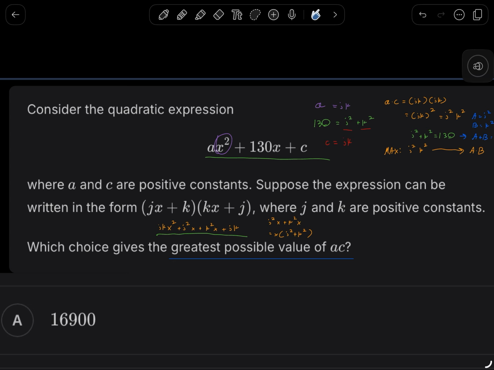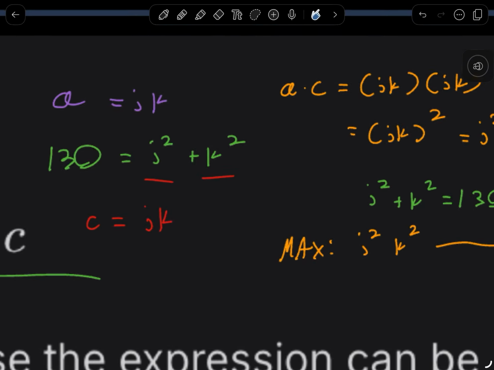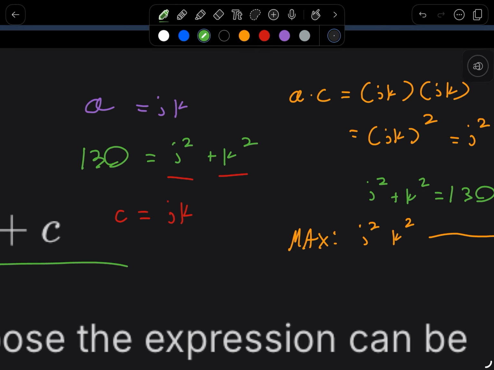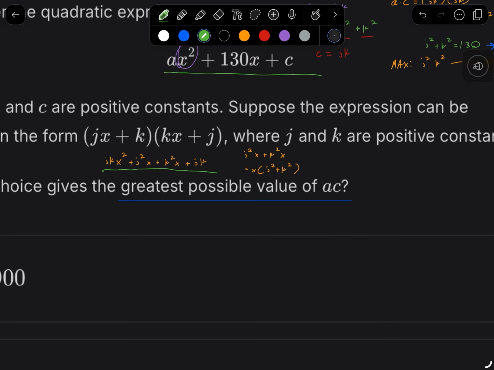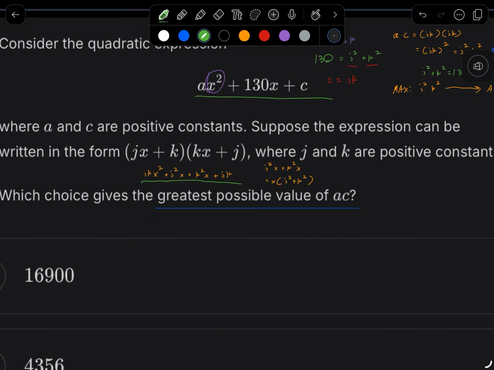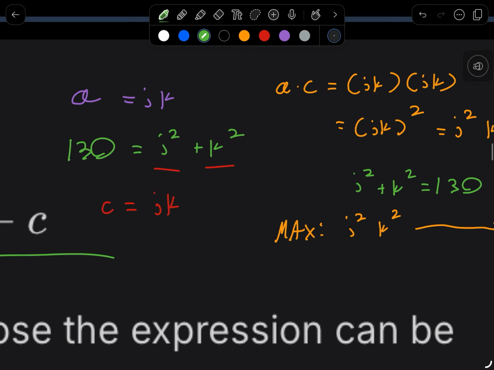Usually 99% of the time on these SAT questions with constants, you can match coefficients together and it will definitely lead you to the right answer. So once you match those coefficients together, go back to that AC part. You're trying to maximize AC, find what AC is in terms of J and K, and of course, go on from there.